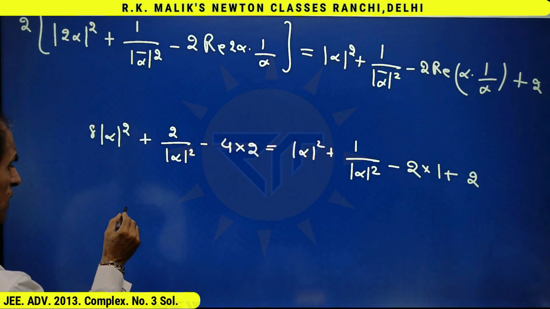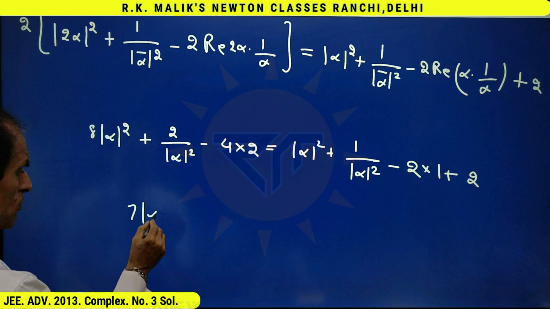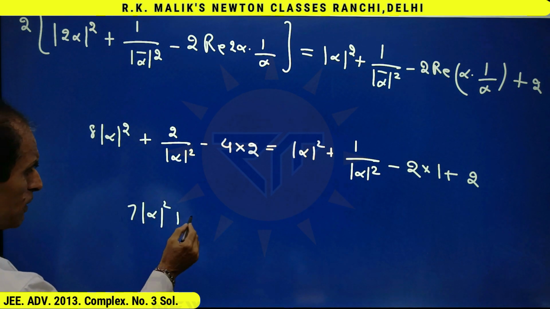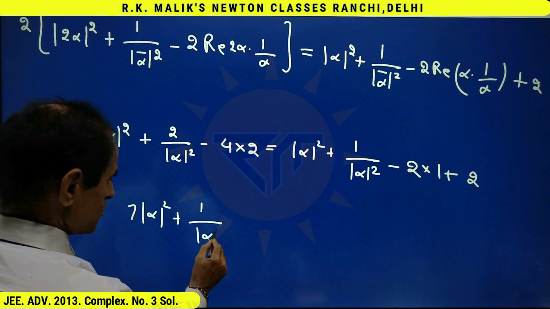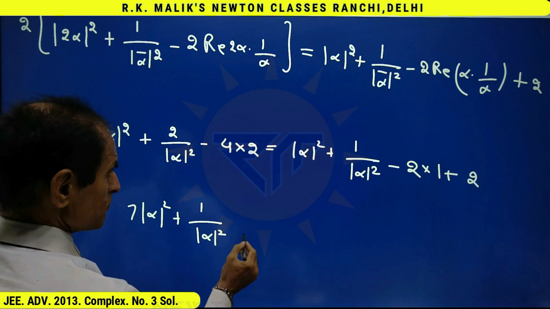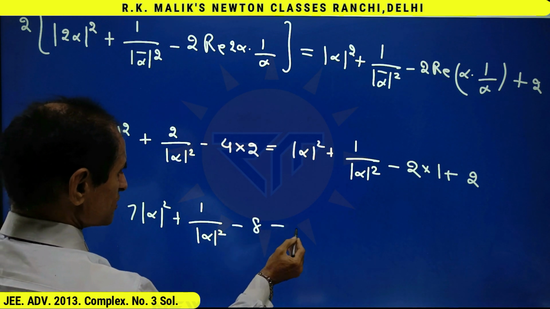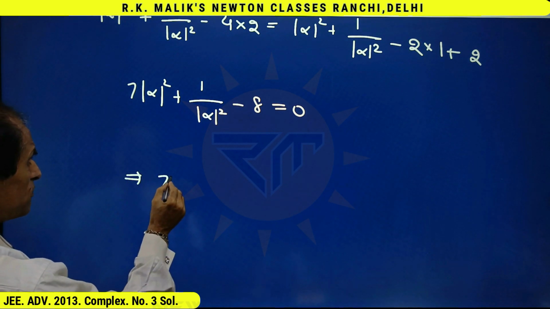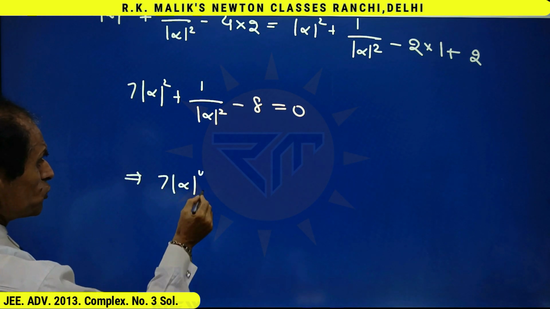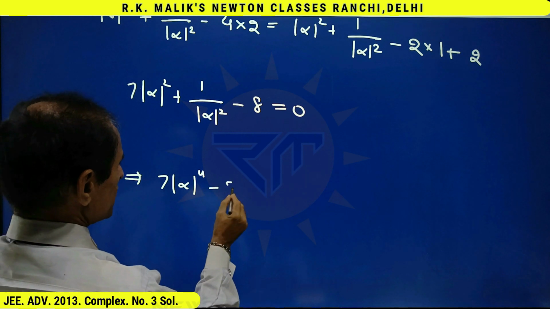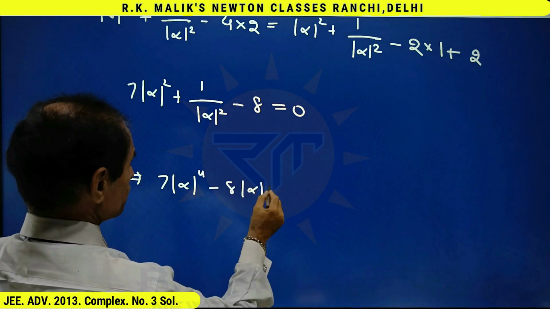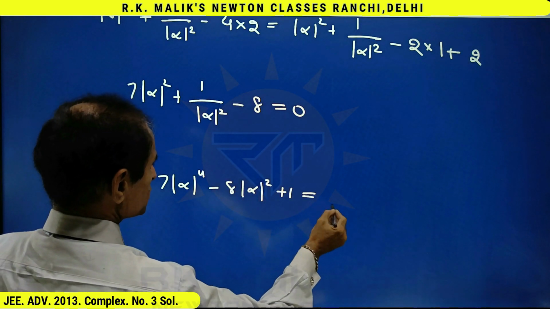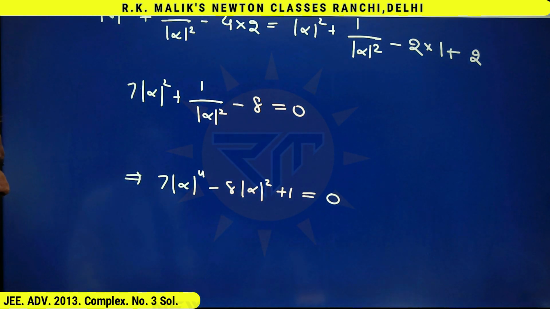Hence, I conclude that 7 times mod alpha square plus 1 upon mod alpha square minus 8 equal to 0, and this implies that 7 times mod alpha to the power 4 minus 8 times mod alpha square plus 1 equal to 0.